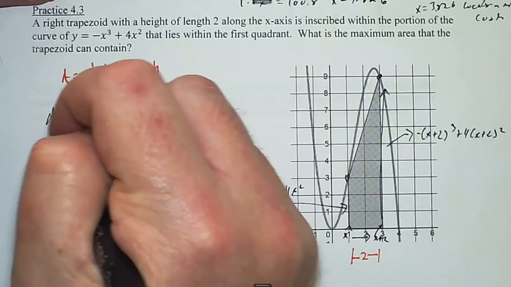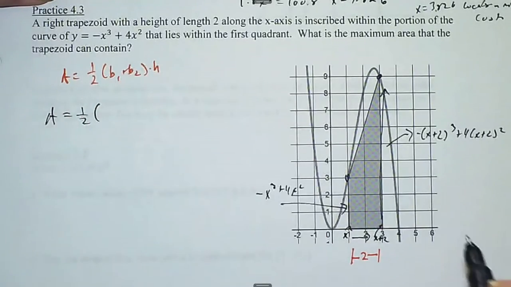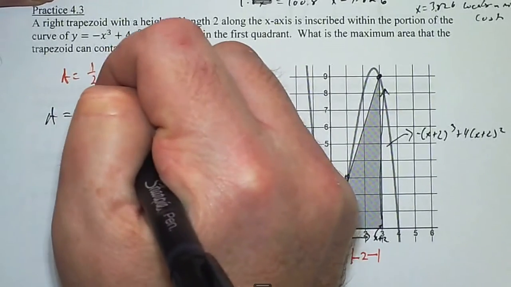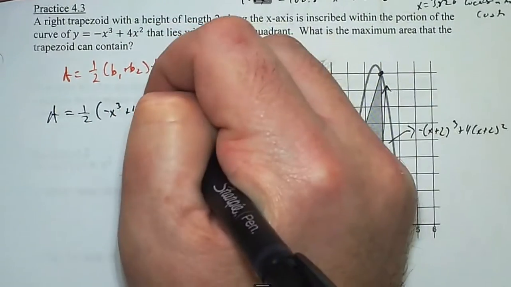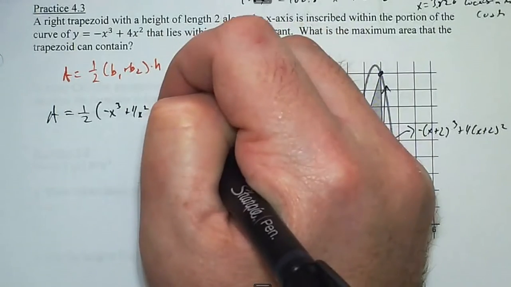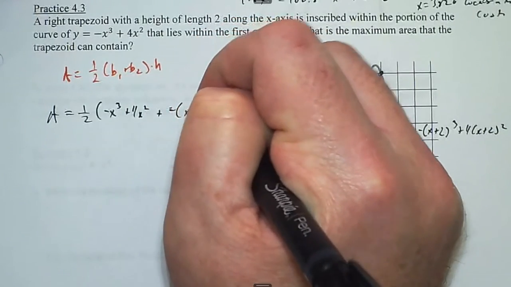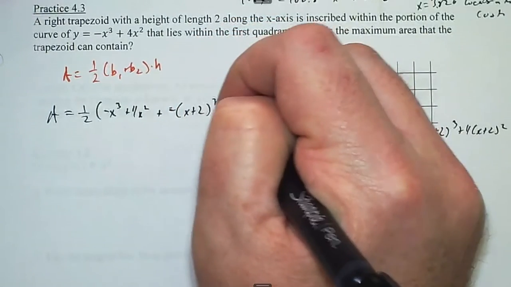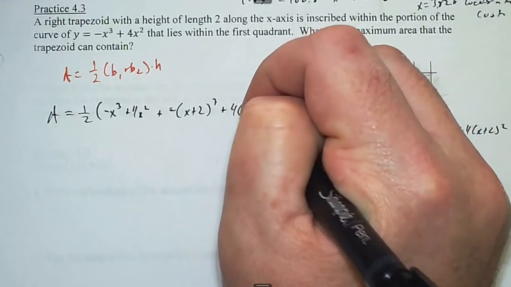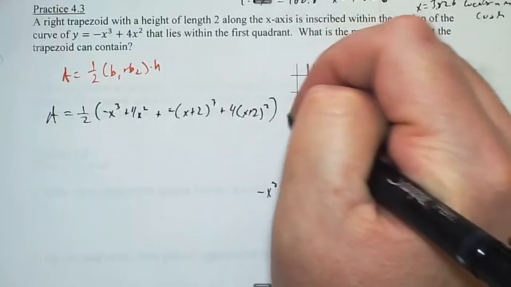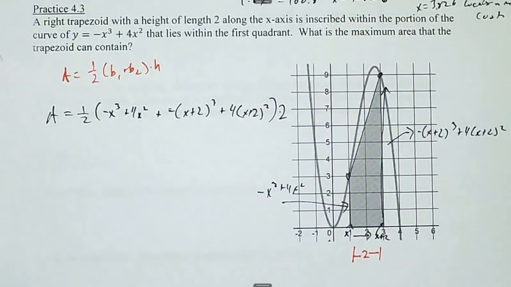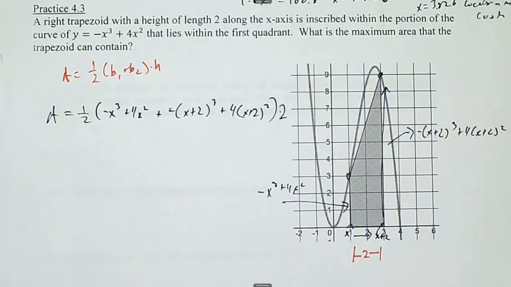So our area is going to be 1/2 times negative x cubed plus 4x squared plus negative (x plus 2) cubed plus 4 times (x plus 2) squared, times the height of 2, which is constant and actually cancels out the 1/2.